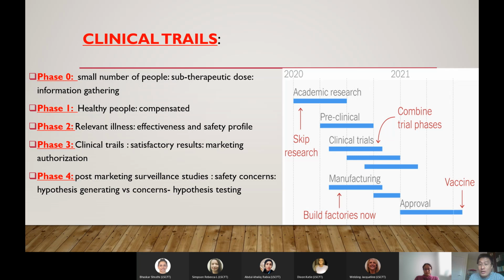We just want to find out how many people are affected. Then in phase 1, healthy people are compensated and they want to try whether the vaccine is effective or not. Phase 2, effectiveness and safety are checked. In phase 3, satisfactory results and marketing are done. And phase 4 is after marketing, they just want to find whether it's applicable or not.